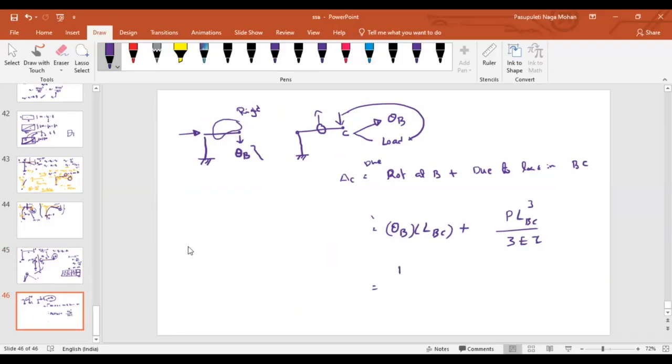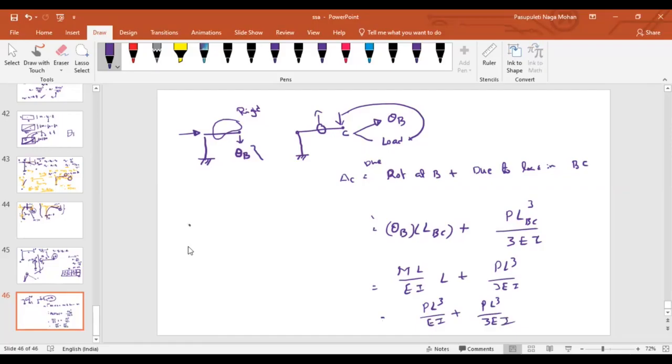Here now we have found out this is ML by EI times the length of BC, which is L. So here also it is PL cubed by 3EI. Now we know what is the value of L? PL, L squared, L cubed. So here it is PL cubed by EI plus PL cubed by 3EI.